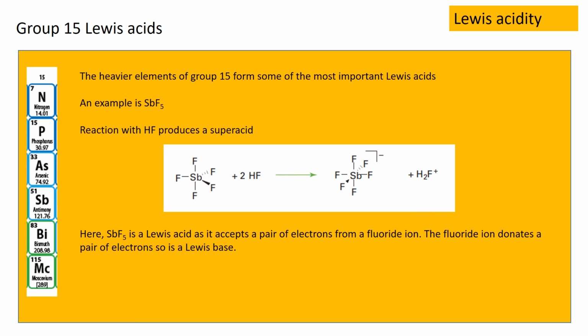The SbF5 acts as a Lewis acid here because it accepts a pair of electrons from the fluoride ion, and the fluoride ion is obviously the Lewis base, and that produces a superacid, H2F+.